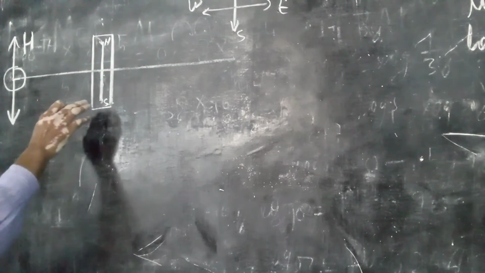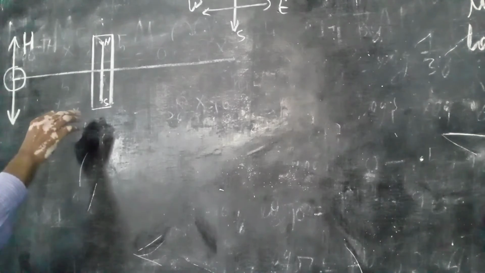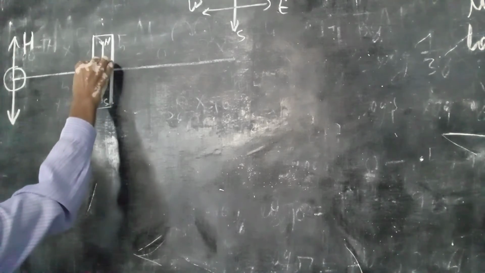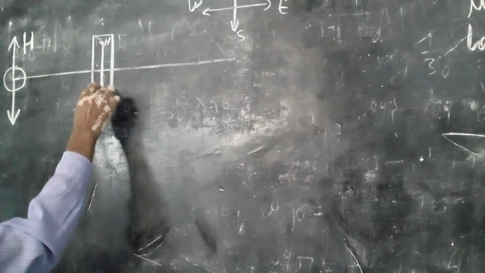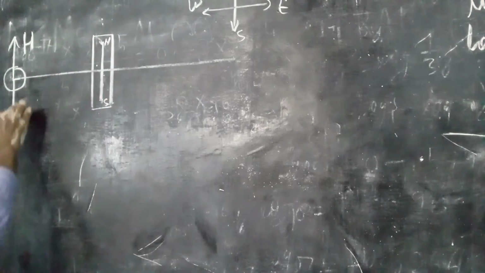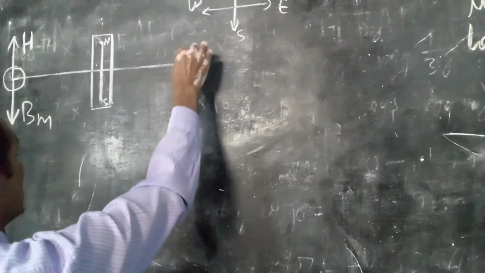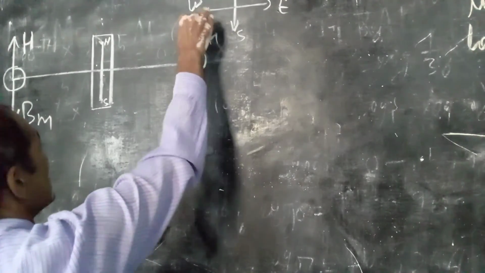The direction of the magnetic field produced by the bar magnet is antiparallel to the magnetic dipole of the bar magnet. The direction of the magnetic dipole is from south to north, so the magnetic field produced by the bar magnet is from north to south. This is your BM. Similarly, in the opposite direction, this is your H and this is your BM.